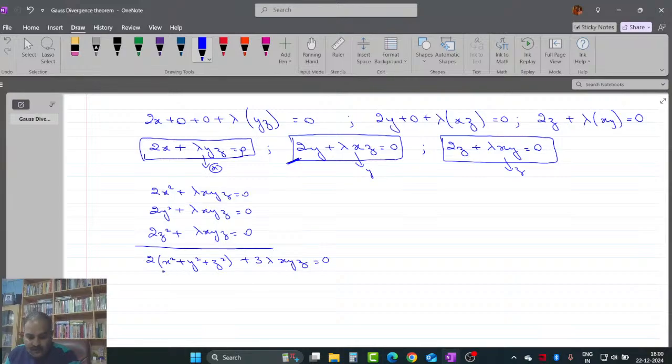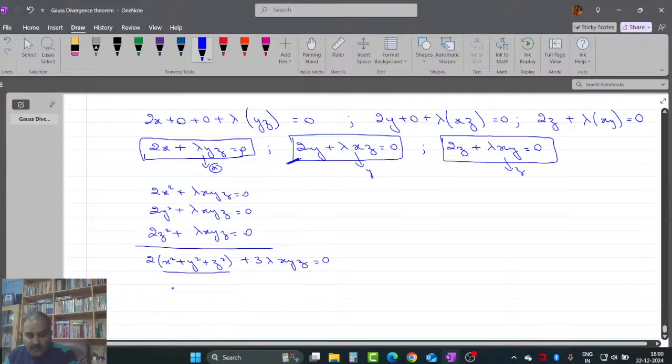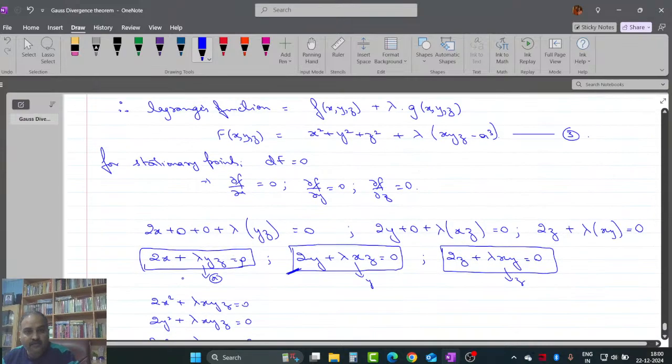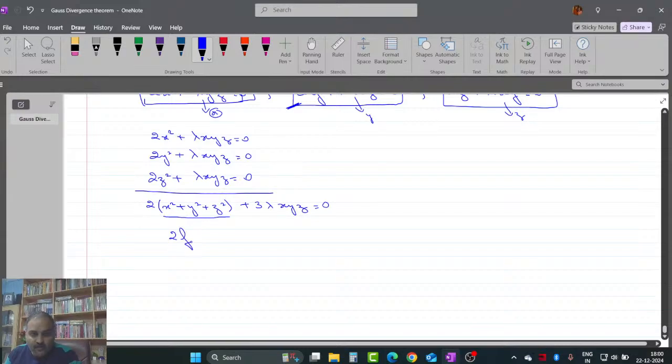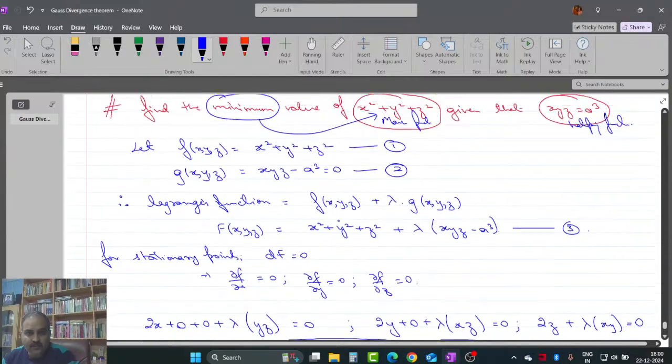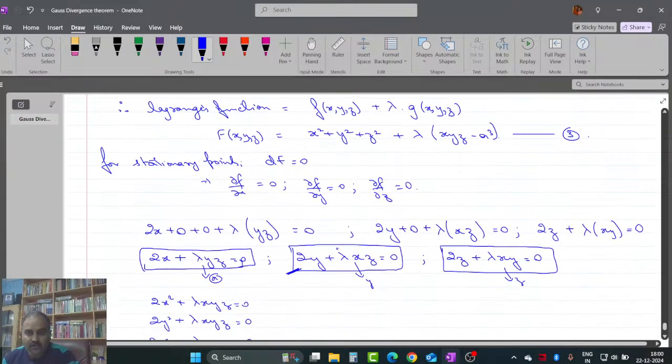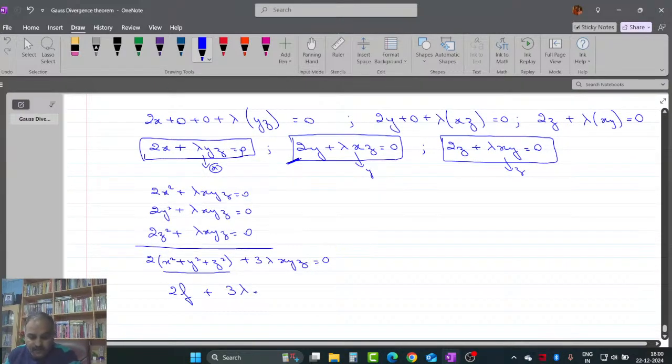Now this is your main function, so it will be 2 times F, plus 3 times lambda xyz. xyz minus a cube equal to 0, that means xyz is equal to a cube. So 3 lambda a cube is equal to minus 2F, or we can say lambda will be equal to minus 2F over 3 times a cube.